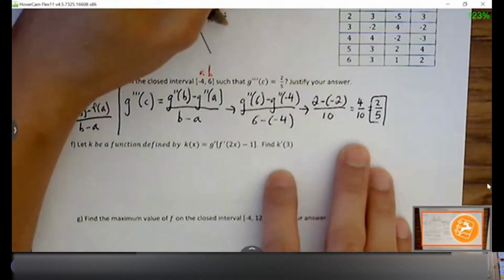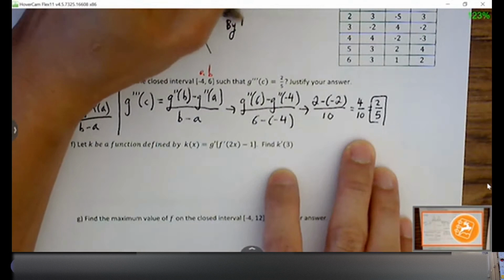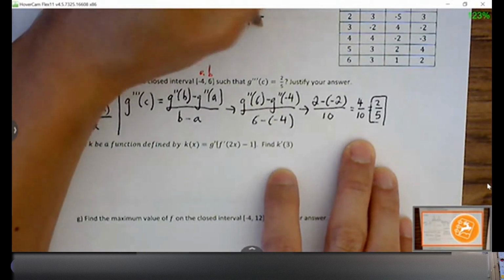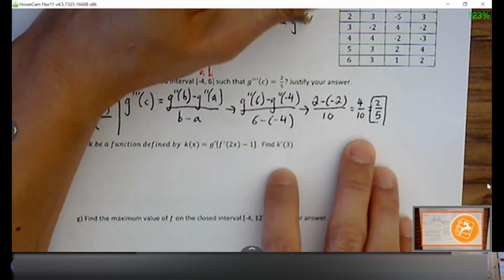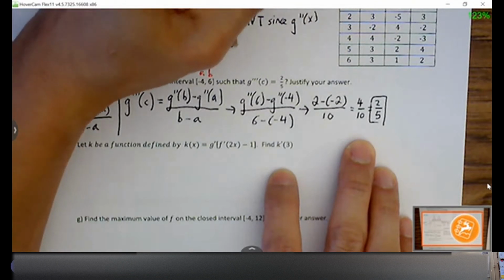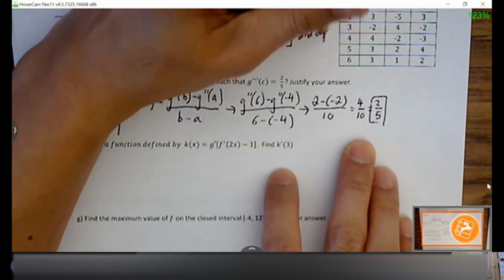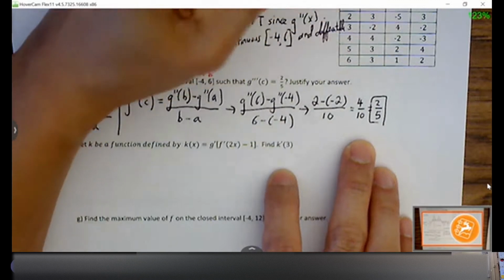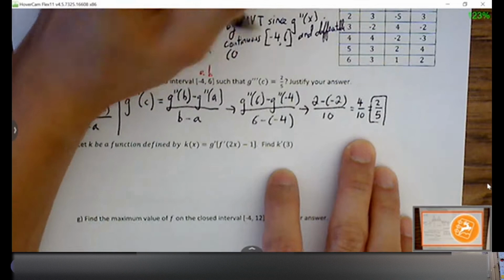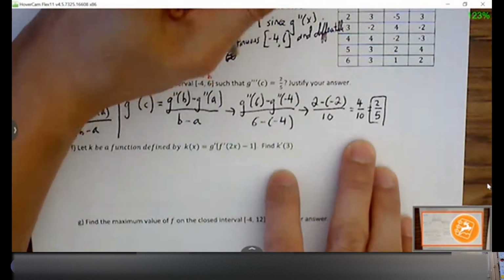So we can say, by mean value theorem, since G double prime is continuous and differentiable, just copying whatever the rule says on that formula sheet there.